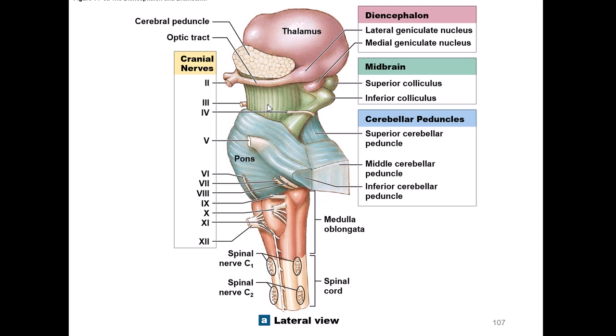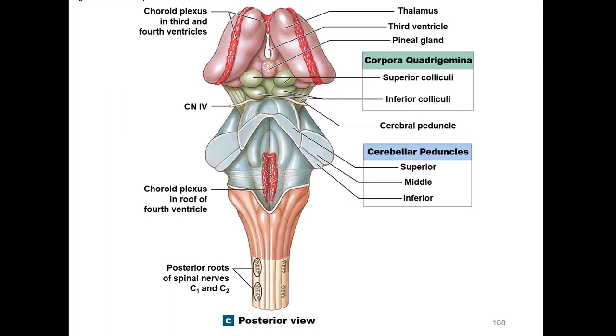These are basically the fibers that are running from the spinal cord up to the brain, or from the cerebrum down to the spinal cord. You can see it's all vertical fibers right here. This is known as the cerebral peduncles. So in the back we have the corpora quadrigemina, which consists of the superior colliculus and the inferior colliculus.